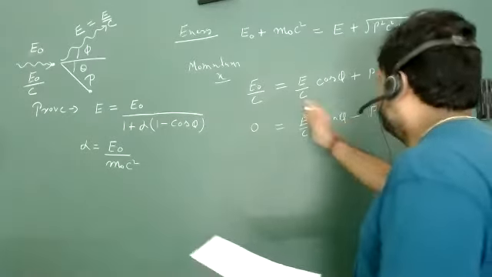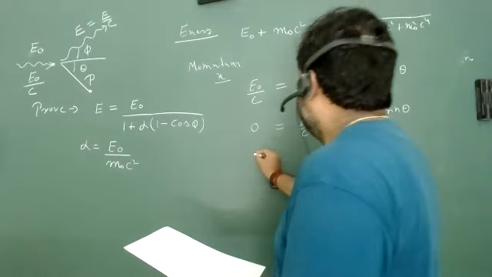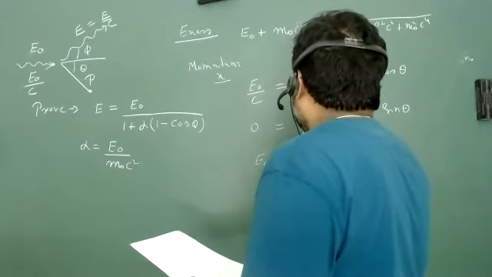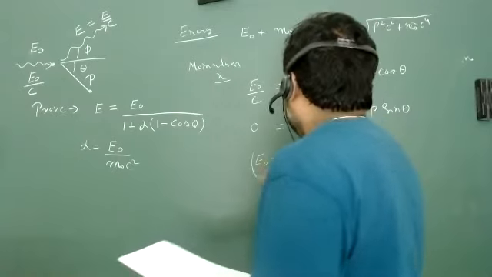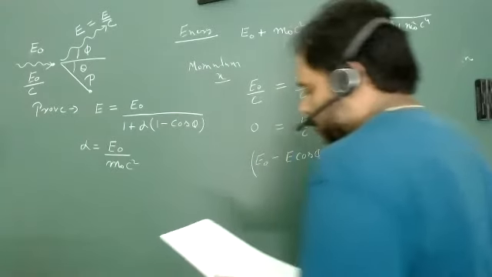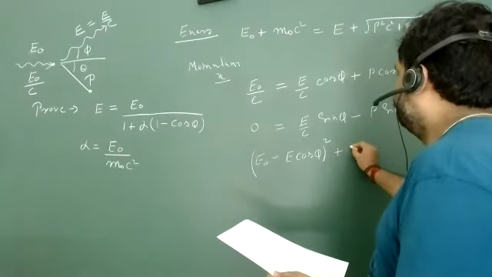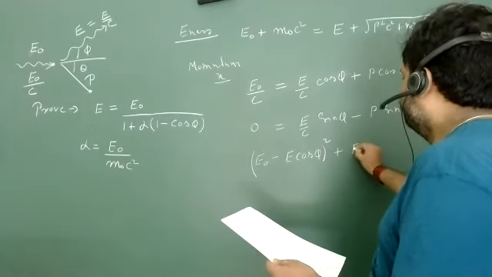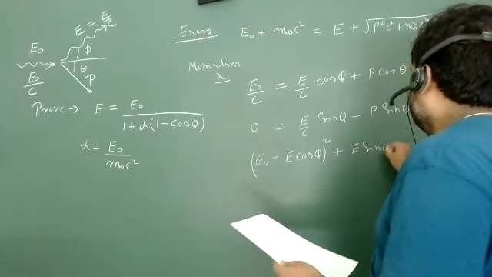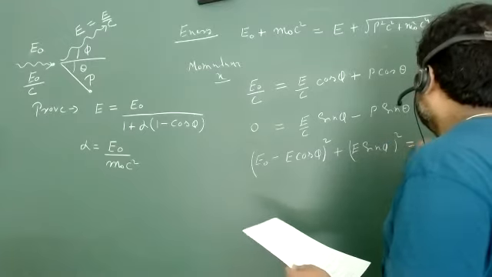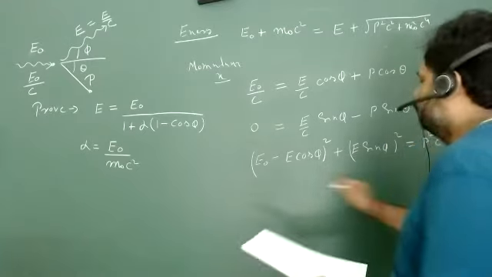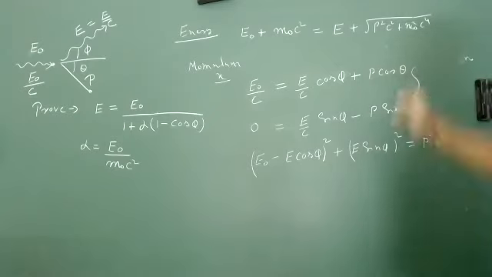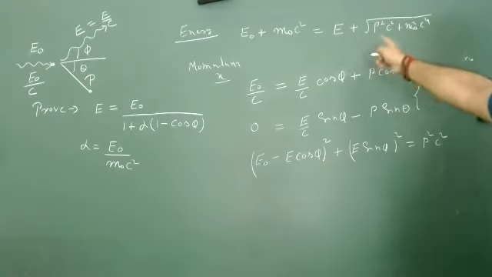So the first expression we can write as E naught minus E cos phi whole square plus E sin phi whole square is equal to P square c square. So this is the first expression. We are using these two things, and the second expression we can find from there.